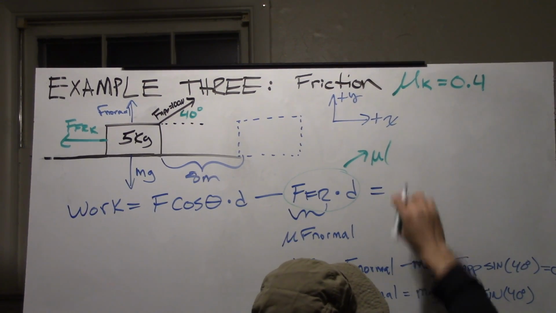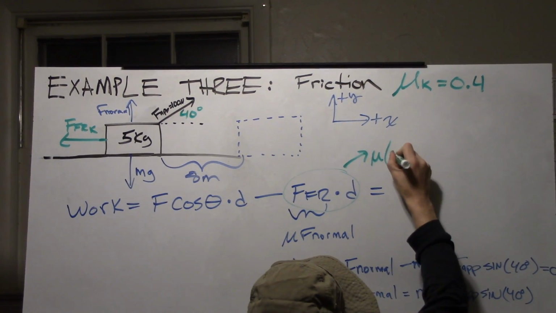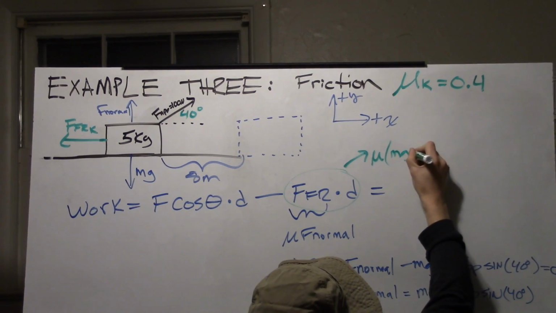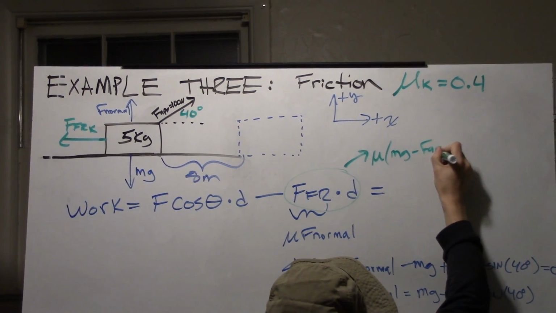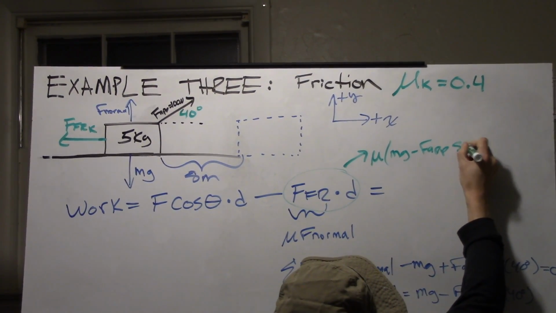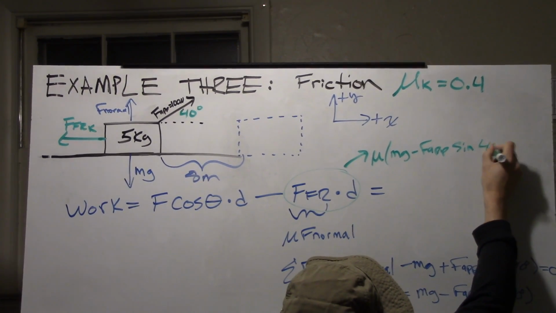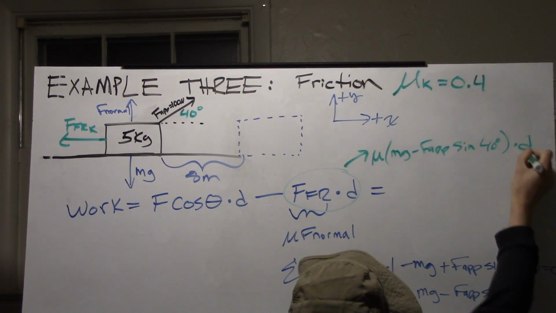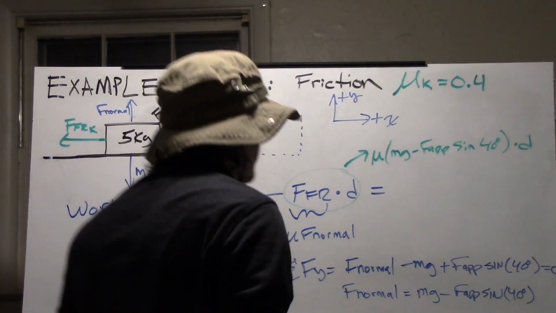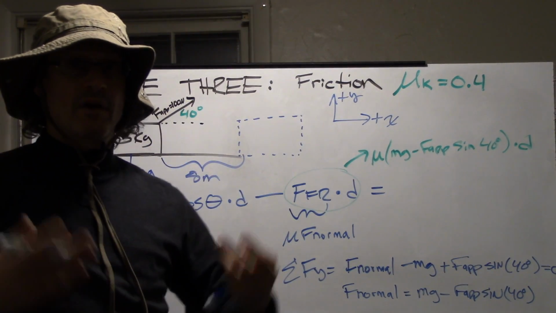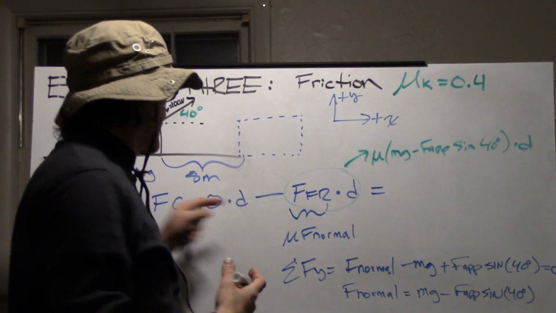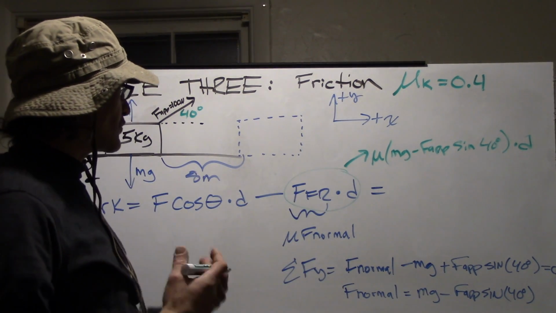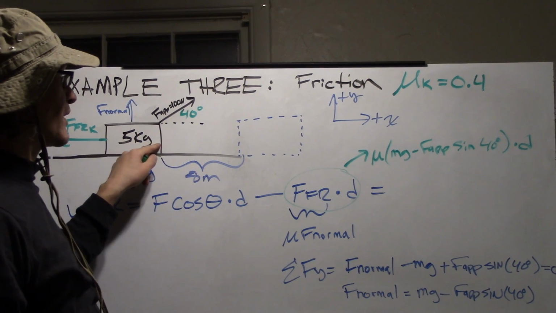So it's mu times mg minus force applied sine 40 degrees, and all that times d. All right, so that's that term over there. Together, what we're going to have is the value in joules of the amount of work actually done on this.